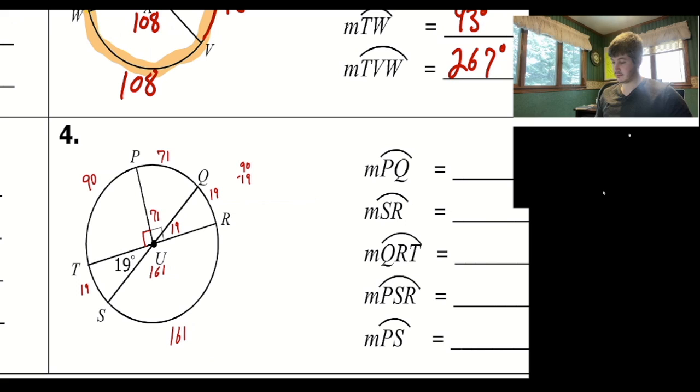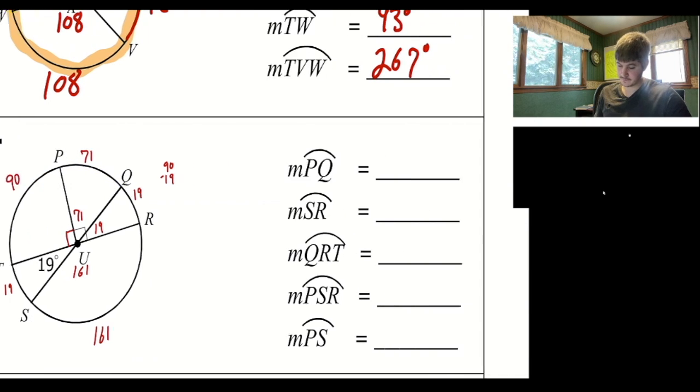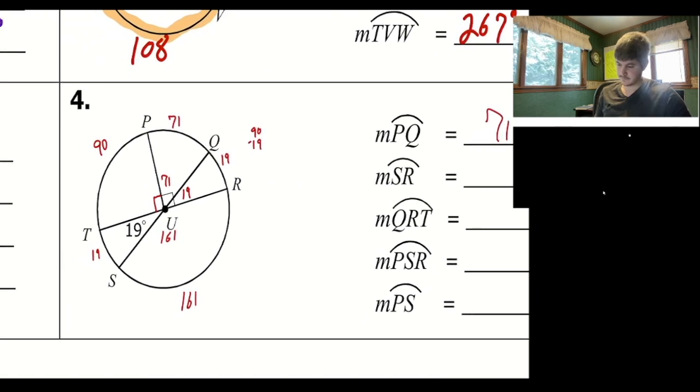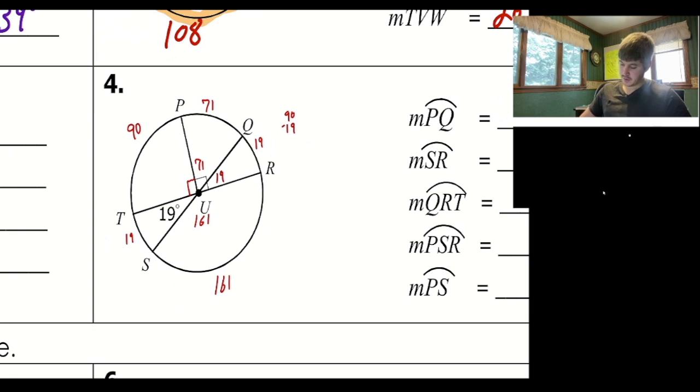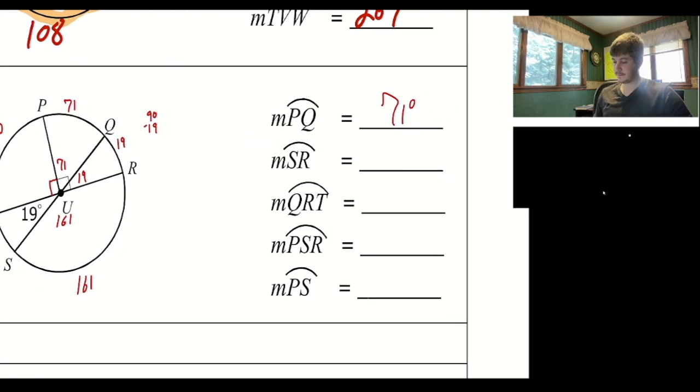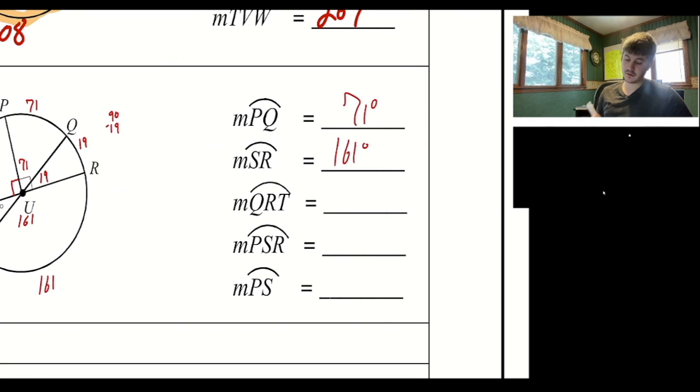So now let's see what they want. PQ, pretty straightforward. PQ is right here. So PQ is 71 degrees. Arc SR. SR is right here. Again, using the minor arc, going that way because I'm going to the 161. So 161 degrees.